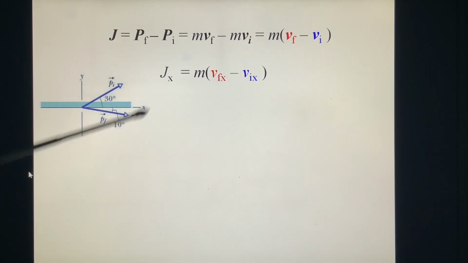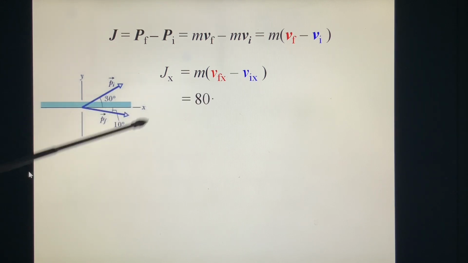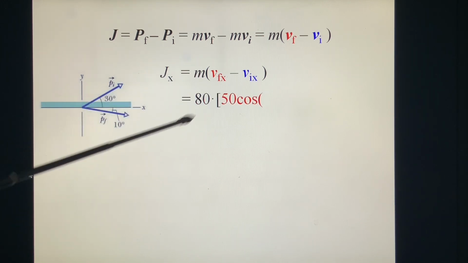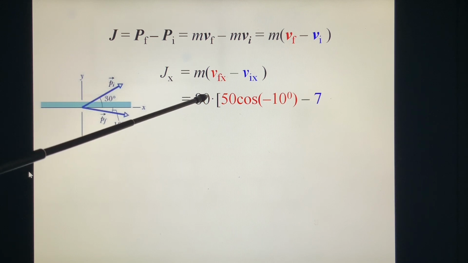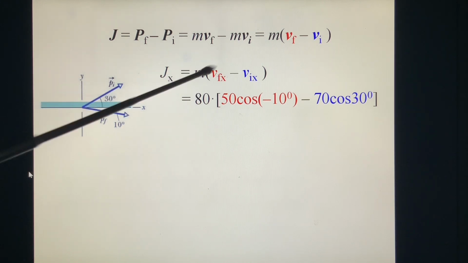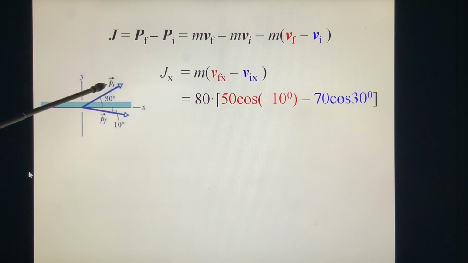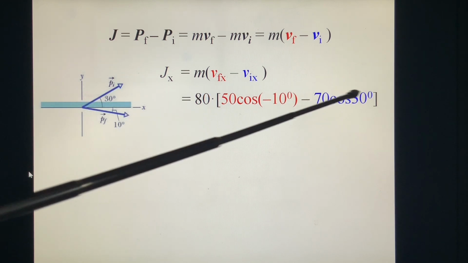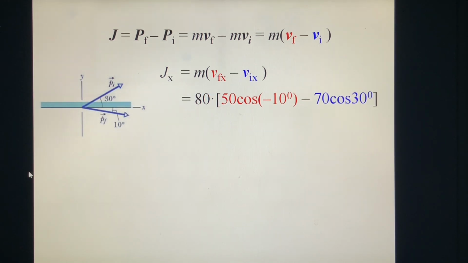The final speed is 50, with cosine of minus 10 degrees, and minus v initial, with cosine 30 degrees. So we get J_x.